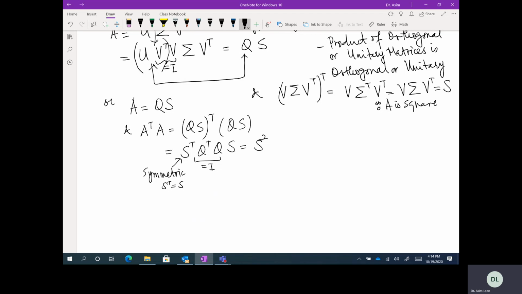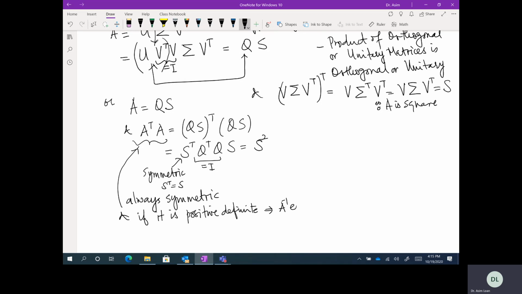So A transpose A is simply S squared. This matrix is always symmetric, and if it is positive definite, then A inverse exists.